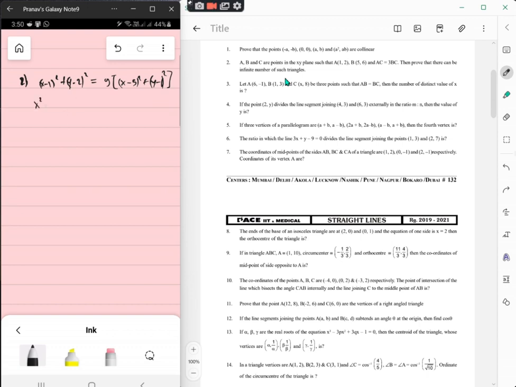So this will be x² - 2x + 1 + y² - 4y + 4 equal to, yeah, what was I doing? 9 times of this guy. So 9 times x² - 10x + 25. Right? I think this is not the best way to do it. Instead, let's use this as (3x - 15)² + (3y - 18)². Yeah, that's a better way to do it, I think.